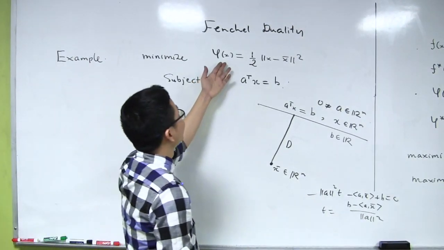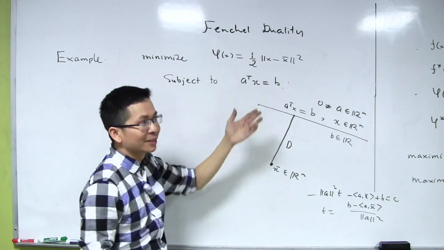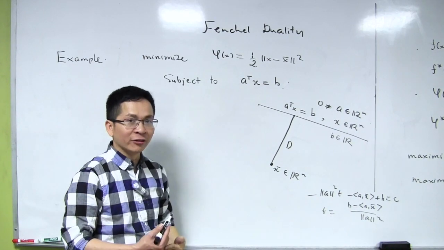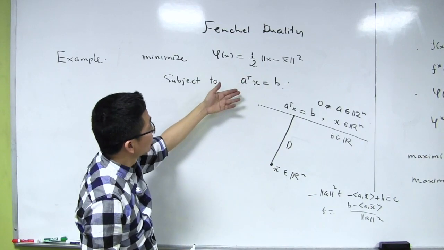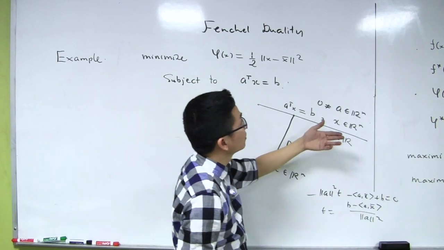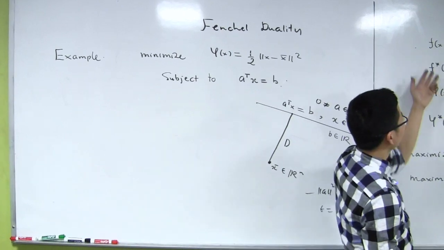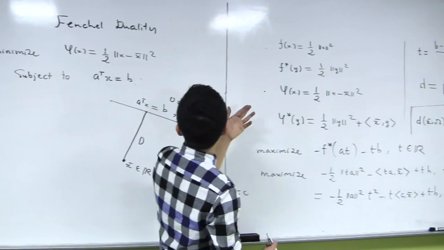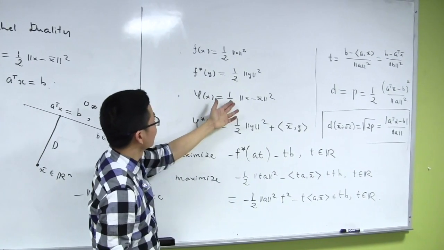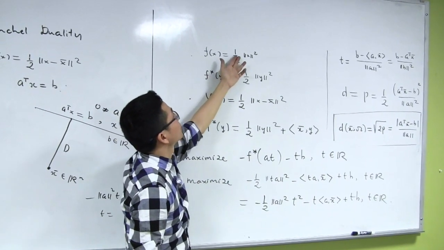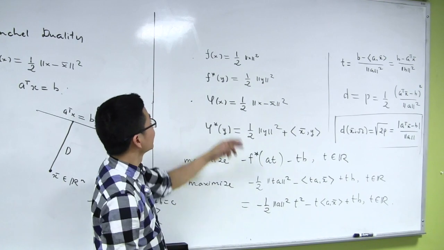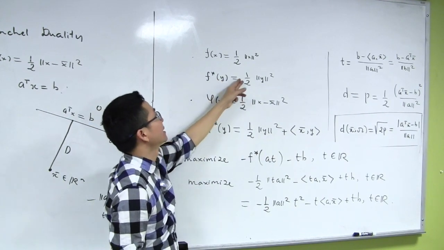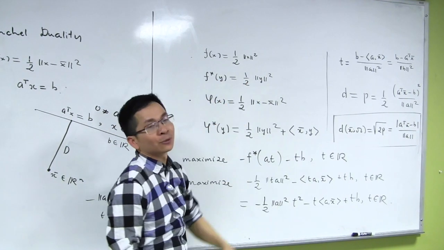Again, now we want to solve this optimization problem, and we use the Fenchel dual form we presented earlier. So in order to do so, we need to know how to compute the Fenchel conjugate of this function phi. Okay, so f of x is 1/2 norm of x squared, where x is in Rn. We can easily see that f star of y is 1/2 norm of y squared.